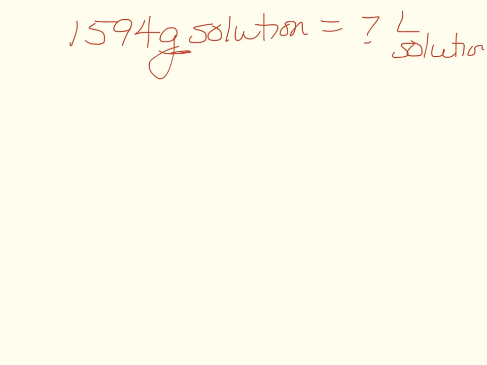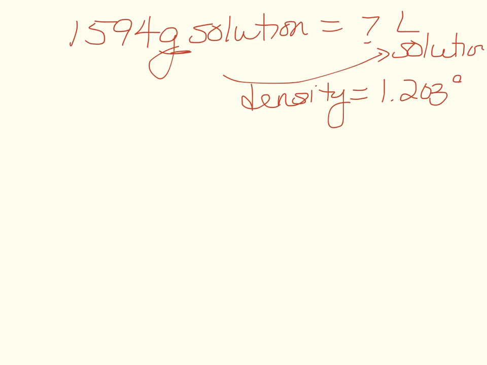Anytime you're going from mass to volume or vice versa, you are going to use the density of the solution as a conversion factor. This problem gave you the density, and it is 1.203 grams per milliliter. So the density always tells you how many grams in a milliliter, so you can use it as a conversion factor.